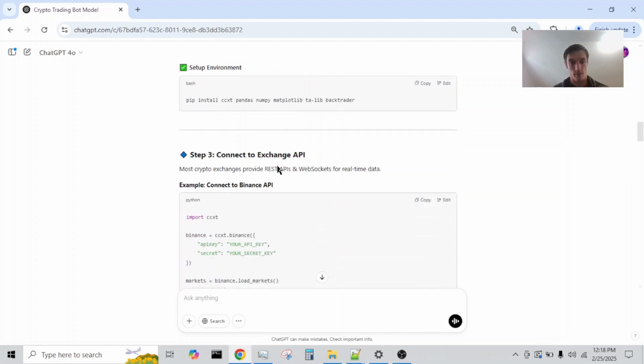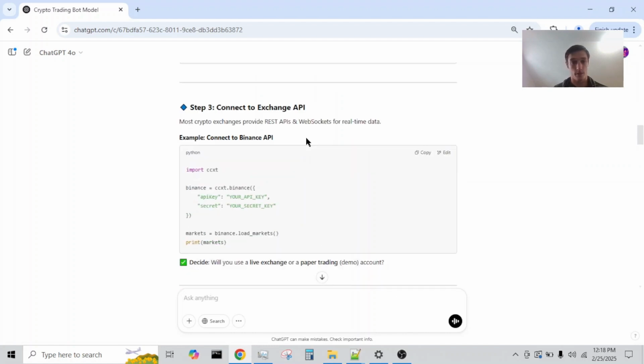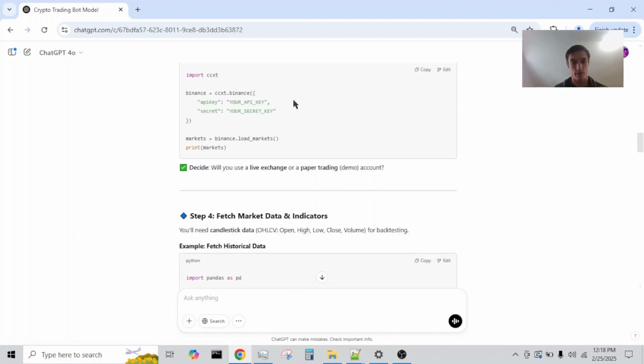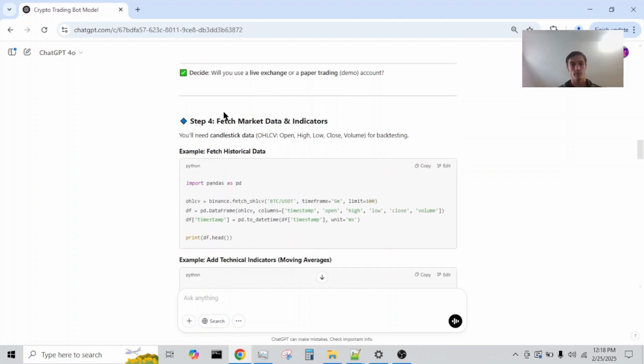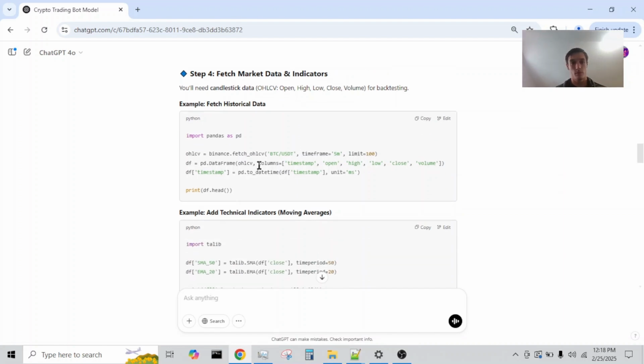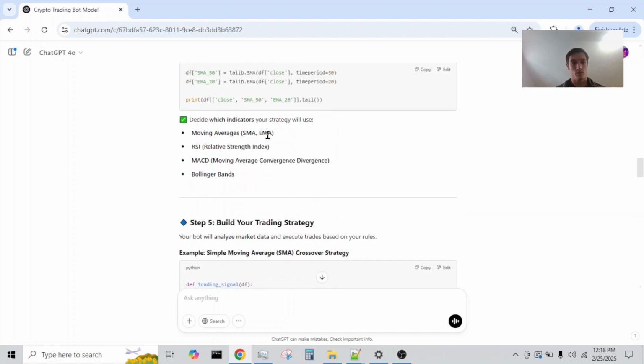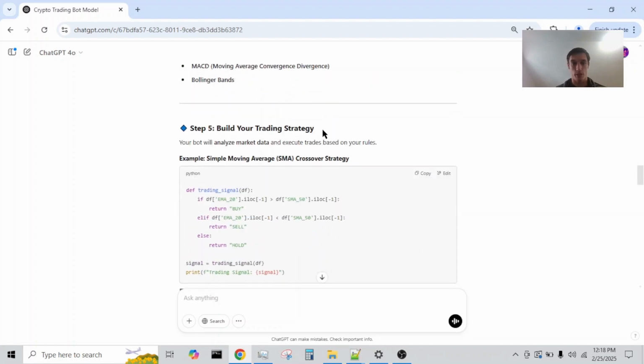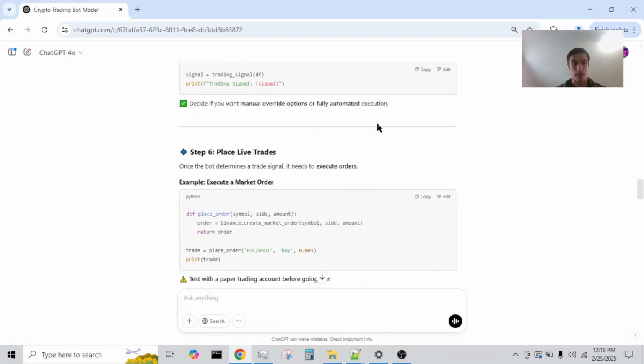So choose your tech stack, connect to an exchange API. We aren't going to use Binance because it's restricted in my area. So that's going to have to change. Fetching market data. Building our trading strategy, we'll have to get into that.